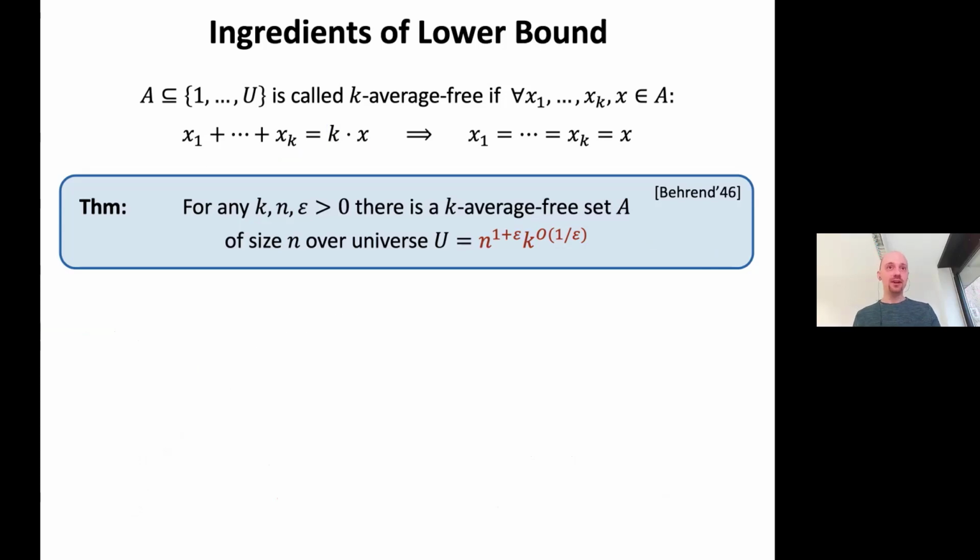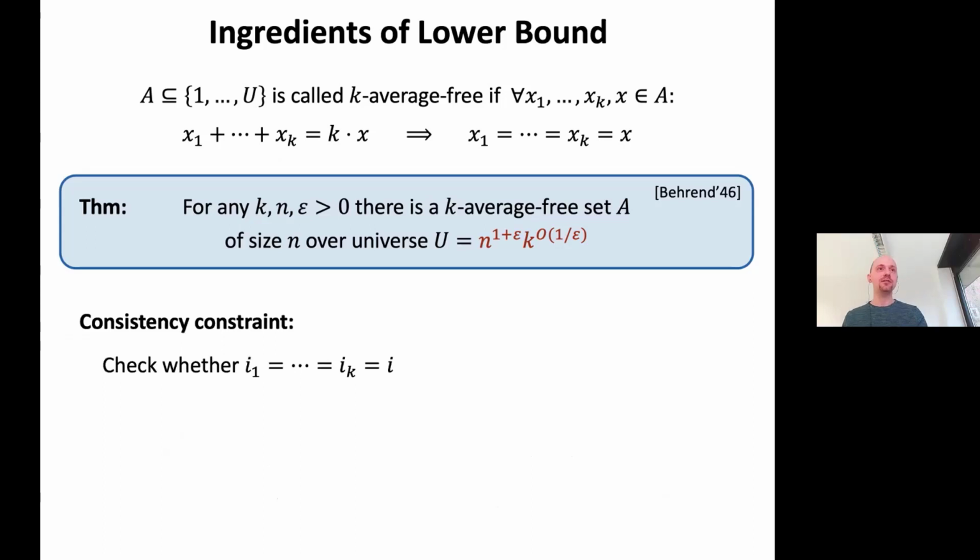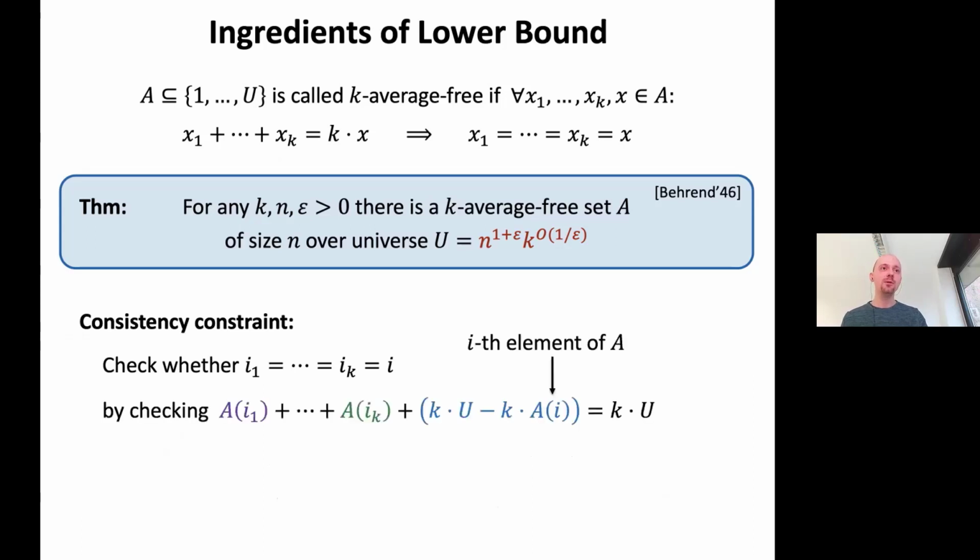Good. Now, if we have average free sets, how does it help for proving reductions to subset sum? Well, I already mentioned that this can be interpreted as a consistency constraint. If we have k+1 variables and we want to check whether all of them pick the same value, then we can do this by replacing these values by the average free set.